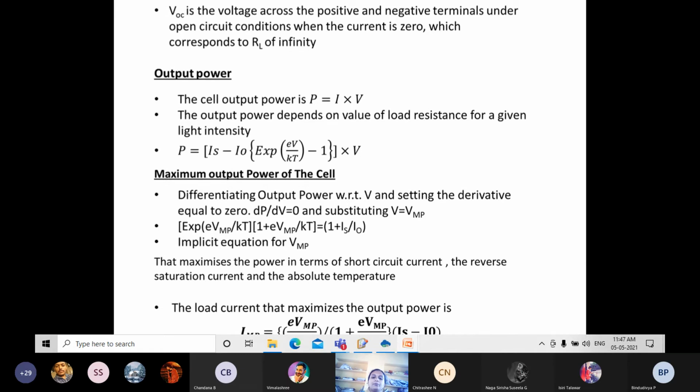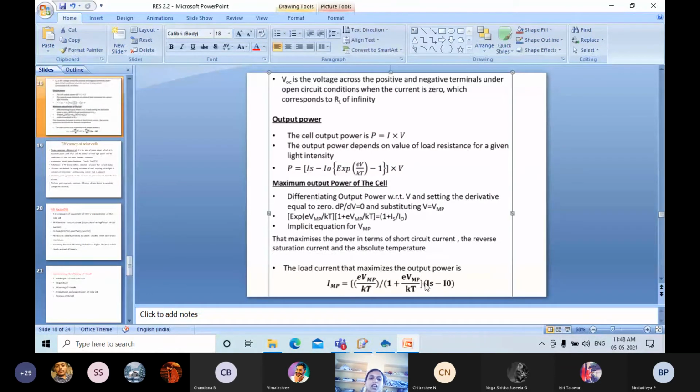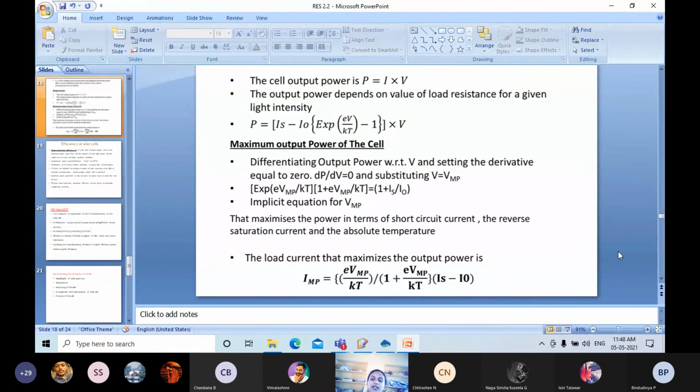The load current that maximizes the output power is IMP is equal to (e VMP divided by KT) divided by (1 plus e VMP divided by KT) into (Is minus I0). This is the equation for the load current.